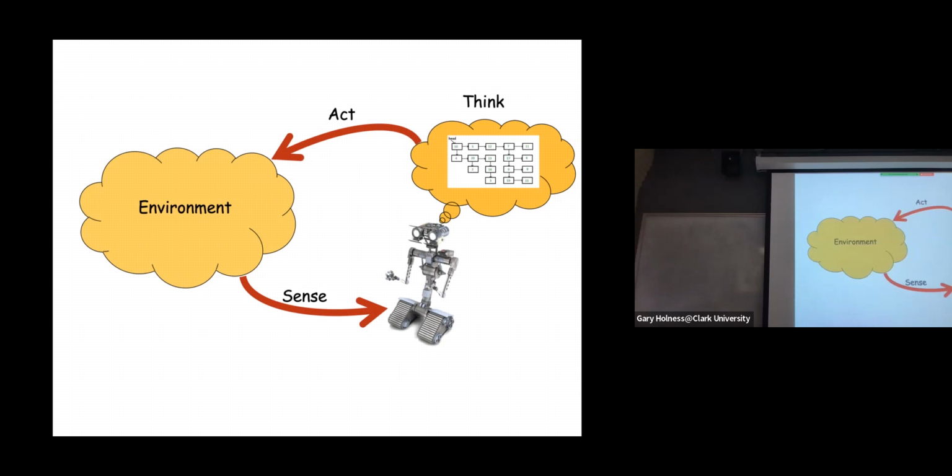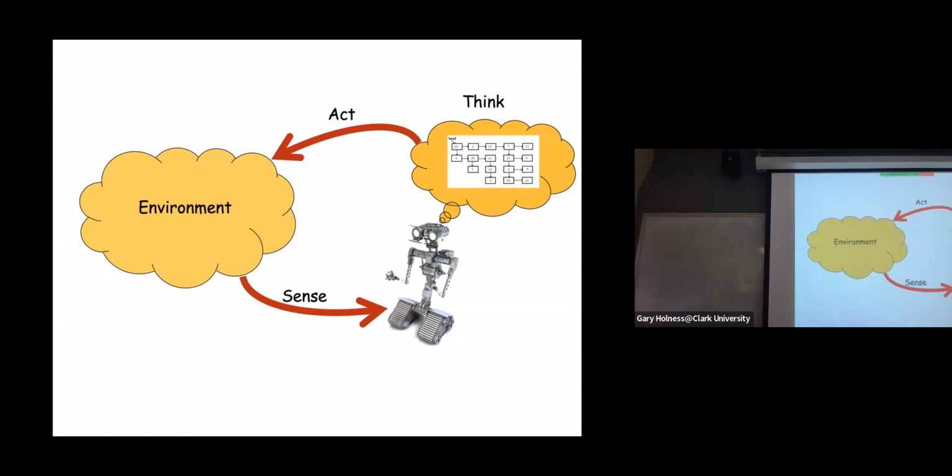And so this embodied agent or embodied system measures its environment through these devices we call sensors. And we said these sensors convert energy from its native form in the environment into electrical signals.